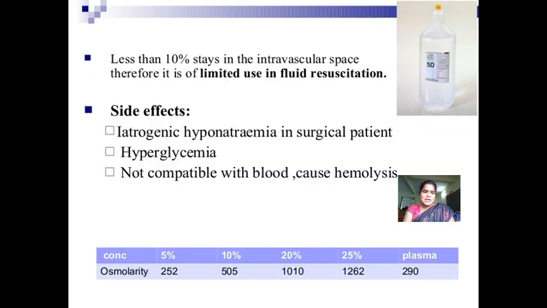Less than 10% stays in the intravascular space, therefore it has limited use in fluid restriction. Side effects may be iatrogenic hyponatremia in surgical patients, and hyperglycemia. It is not compatible with blood as it causes hemolysis.